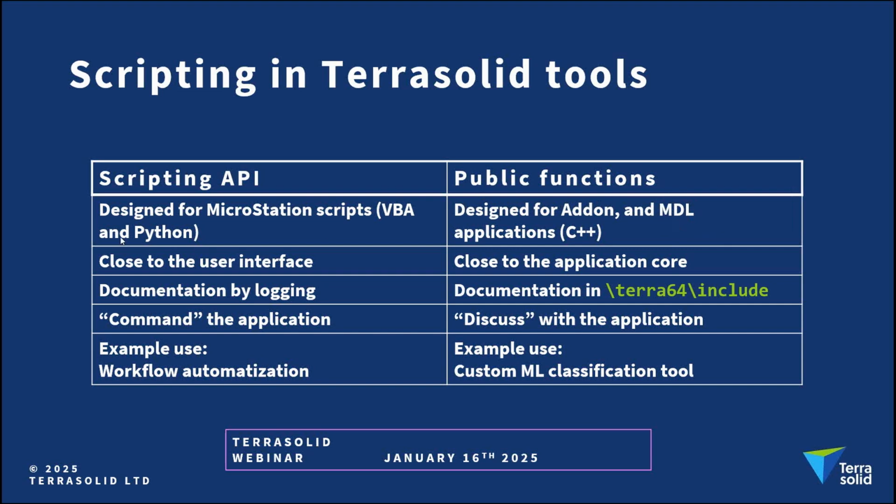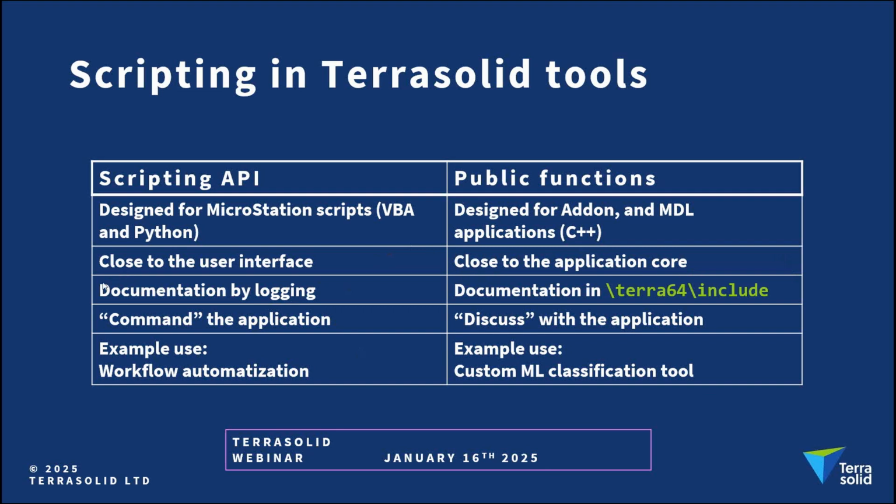And the scripting API is similar to the user interface or the common usage when we press buttons in the software, while the other connects closer to the lower level of the application.